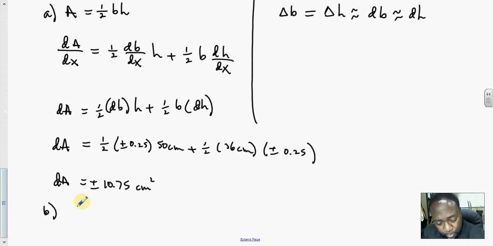Well, this percent error is no more than the propagated error divided by the actual area of the triangle.